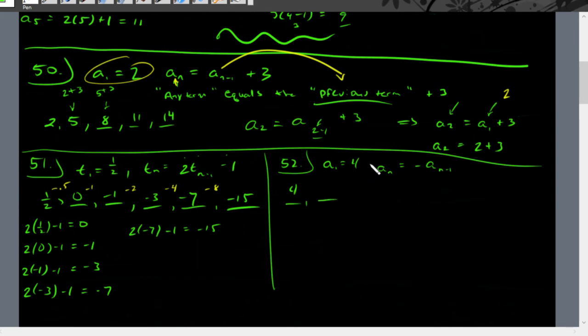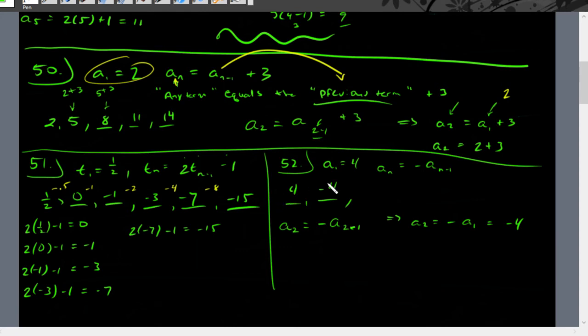If you plug this in verbatim, A sub 2 equals negative A sub 1. So you just take A sub 1 and you flip it. So that's negative 4.